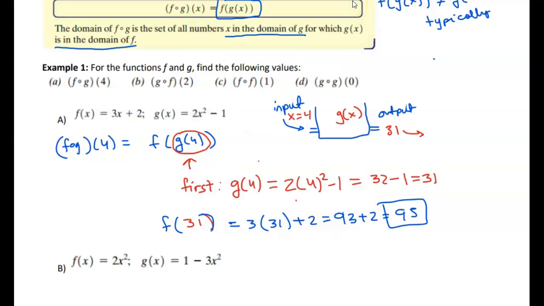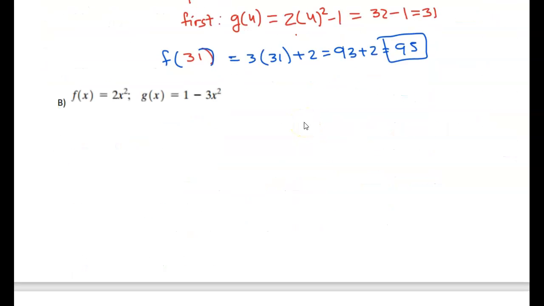Now this becomes the input for the f function. You plug this into the equation, and the final output is 95. You can think of it as a sequence of operations starting with the innermost function. You can do this with more than two functions, three, four, ten, however many, as long as you work from the inside out.